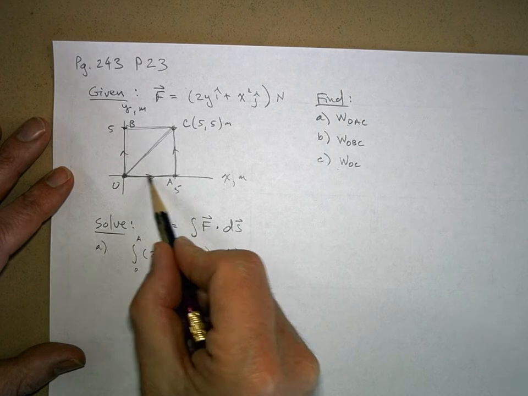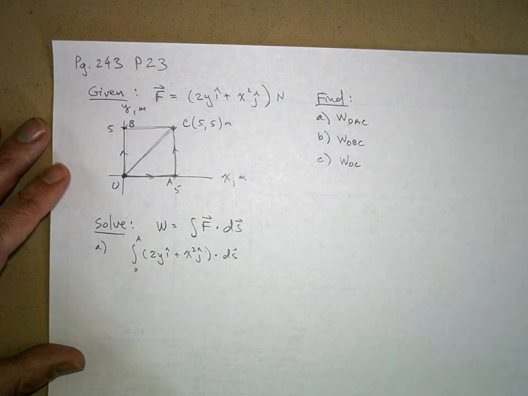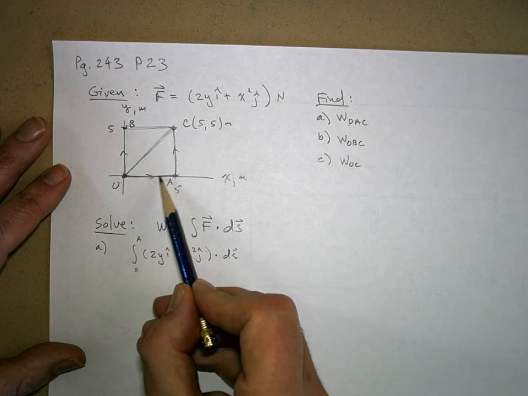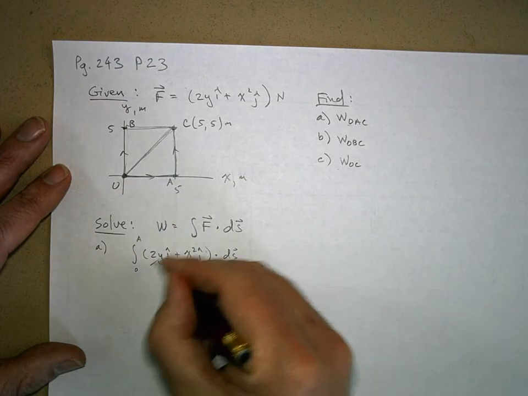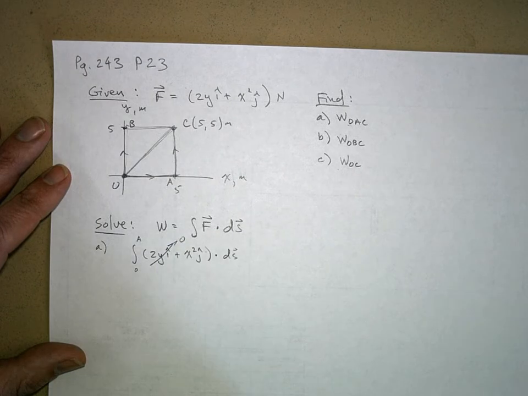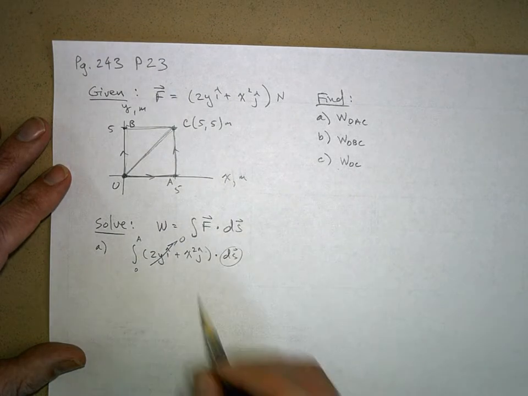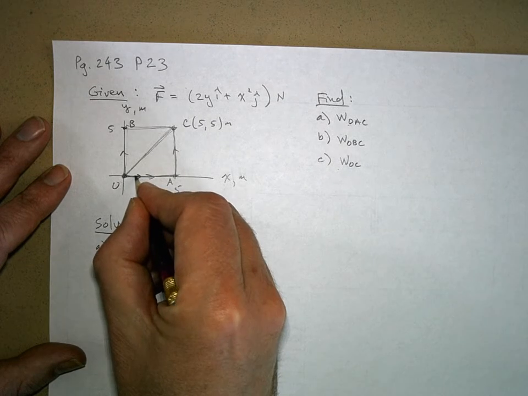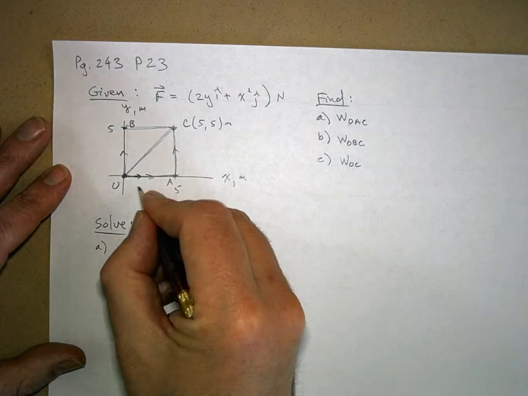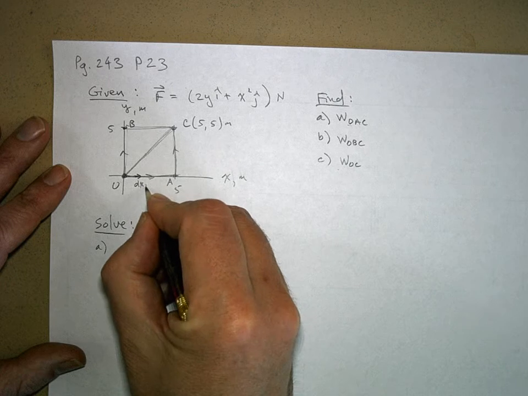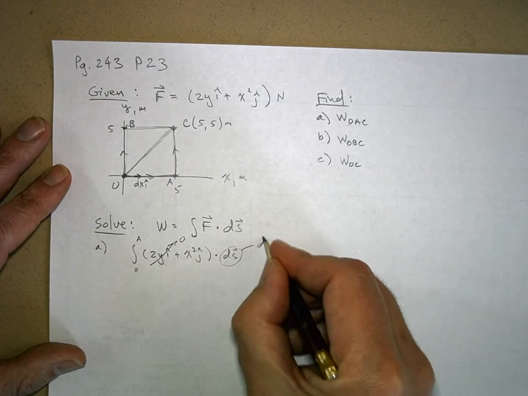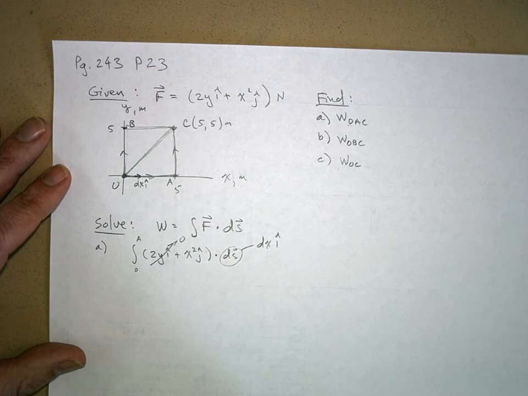If I go from O to A, what is true about y? What is true about the y value along this path? It's 0, so this whole term goes away. Now, what's true about ds as I'm going along here? Just draw a little tiny displacement vector, ds. Well, it's all in the x direction, so ds is really equal to dx i hat.